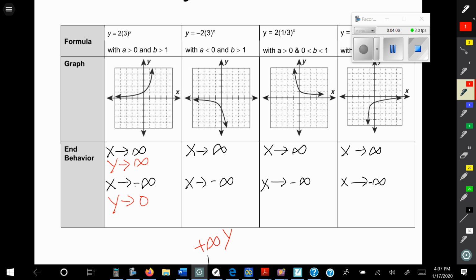So as x goes to positive infinity, y goes to negative infinity. And notice you don't have to put positive on the positive infinity. And as x goes to negative infinity, y goes to 0.